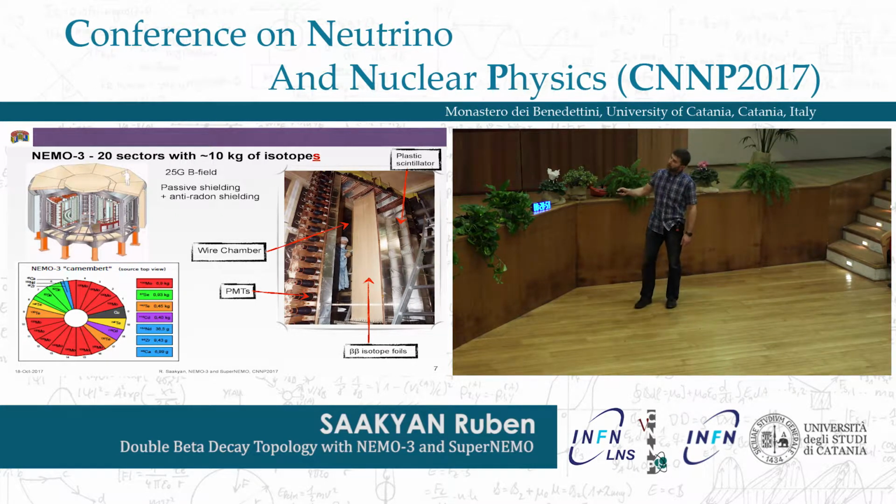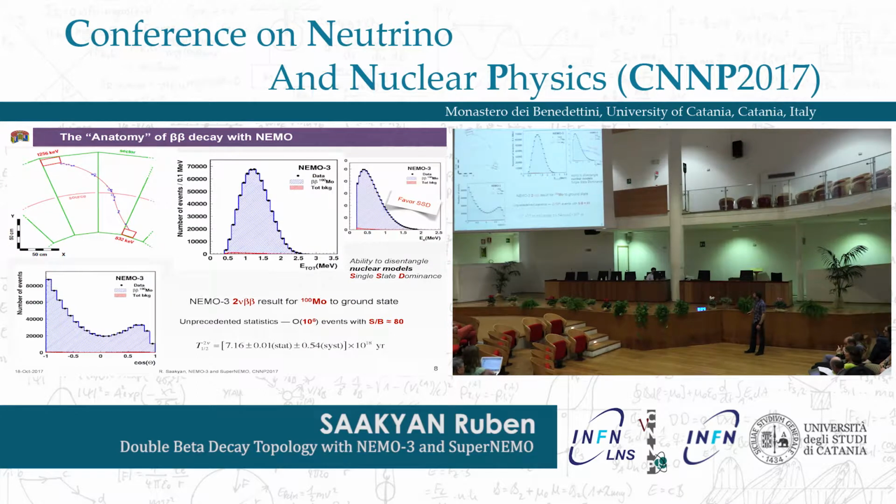So these 20 sectors were loaded with 7 different isotopes. You can look for the double beta decay of several isotopes at the same time. And you can understand the power of this method when you look at this spectrum and compare it with the background, which is almost invisible here. What's shown here is the total, the summed energy of two electrons emitted in the beta decay.